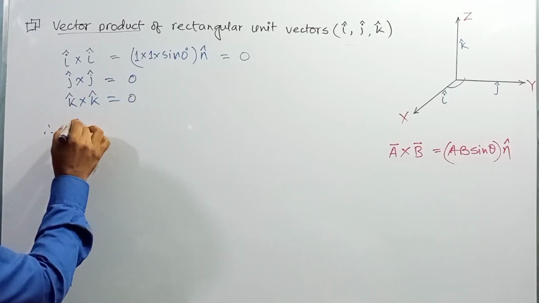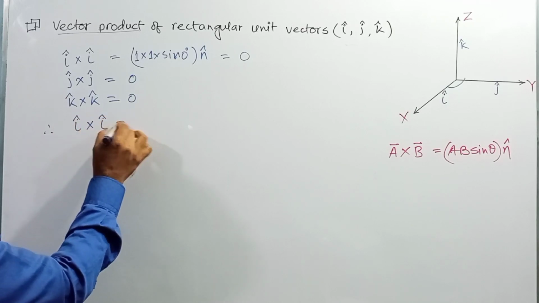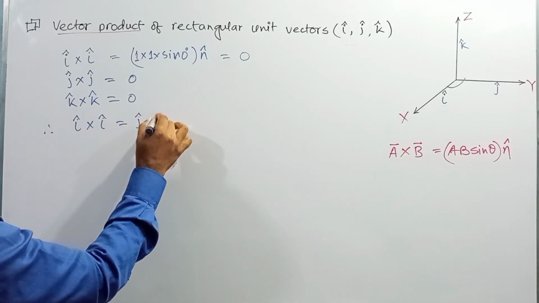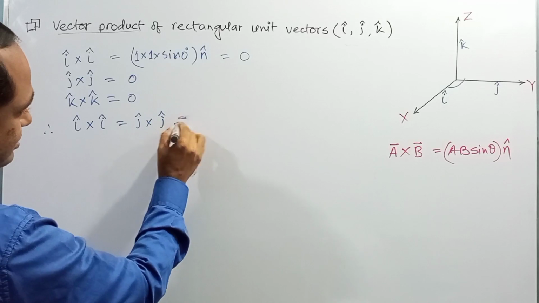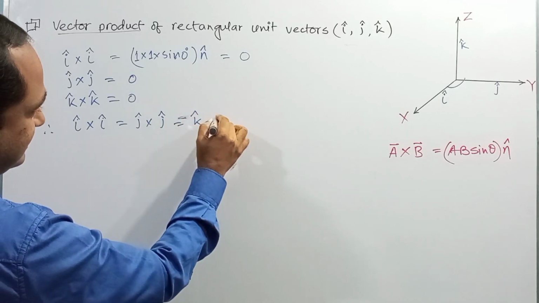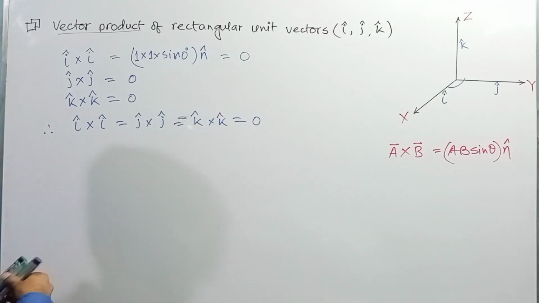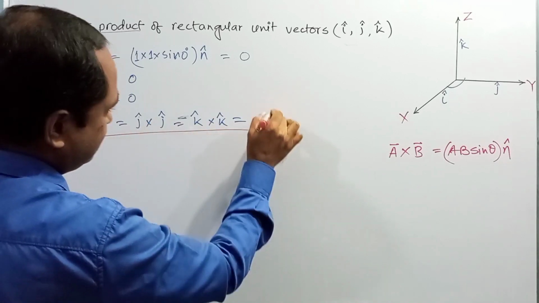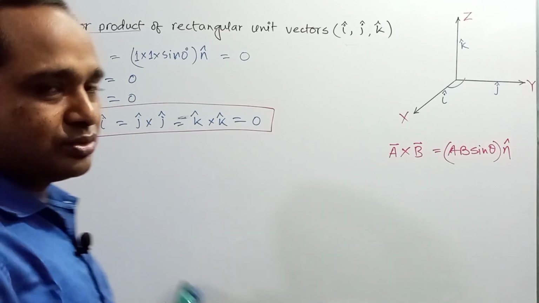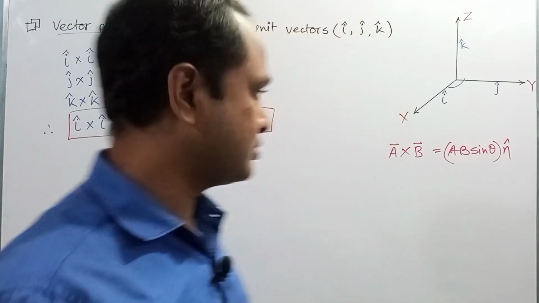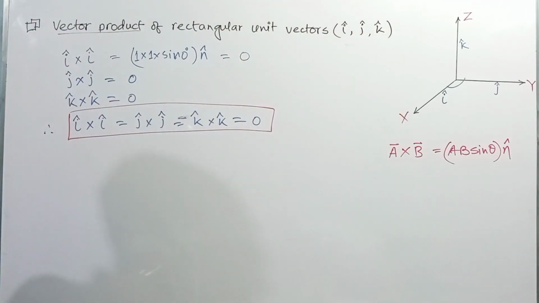So we can write that i cross i is equal to j cross j is equal to k cross k is equal to 0. That is, the cross product of two similar rectangular unit vectors will be 0, right?